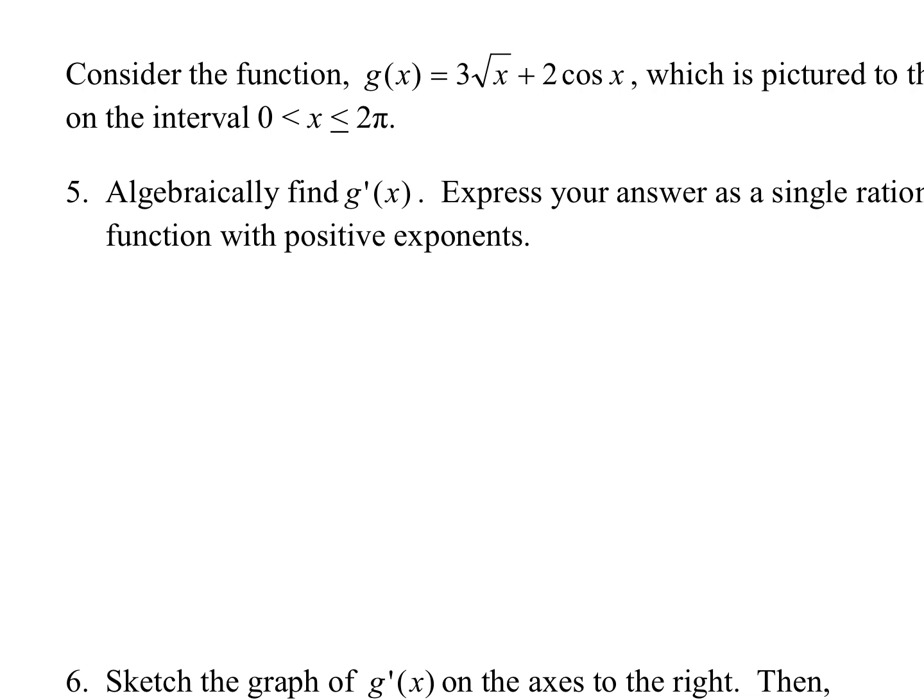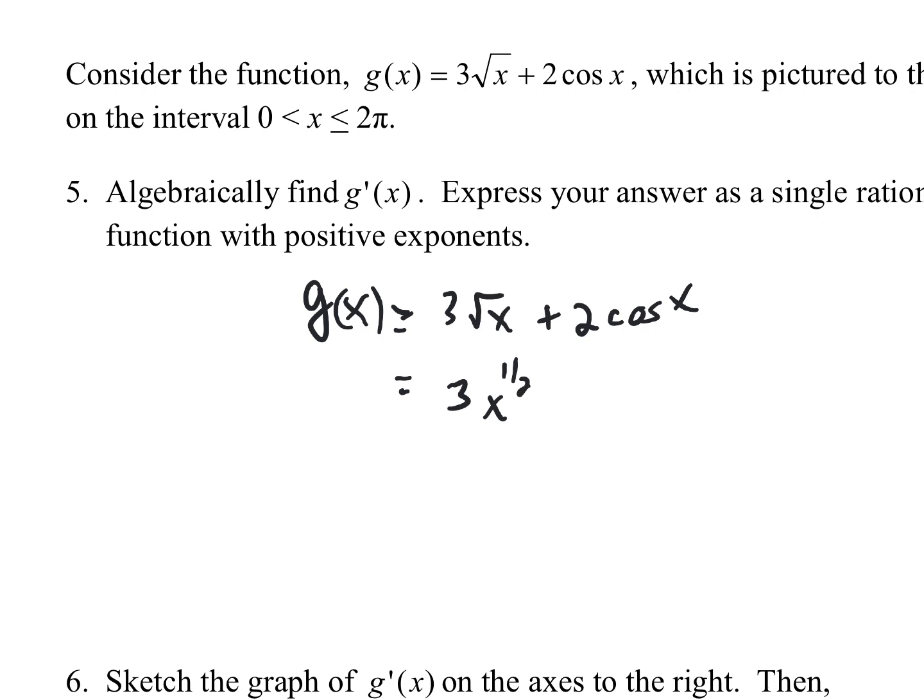So this is your practice of doing the derivative. I'm going to start out with g of x. The way it's written is 3 square roots of x plus 2 cosine of x. I would do my rewrite: 3 x to the half plus 2 cosine of x, not very exciting.